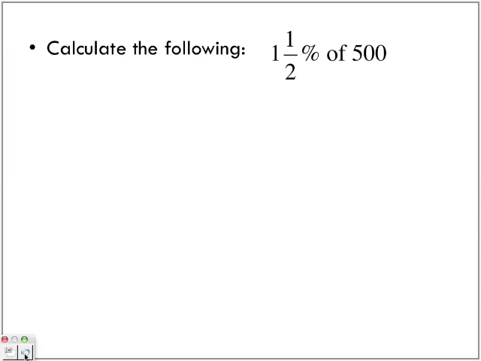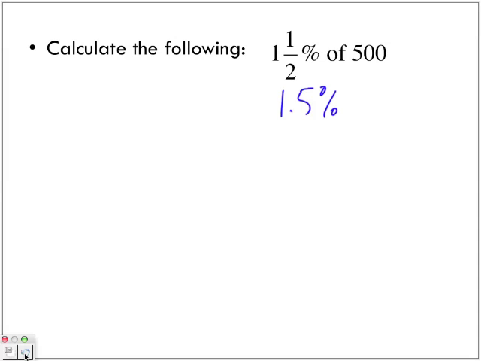Calculate the following: 1 1/2% of 500. You may answer it the simple way, because we said that if it's a percentage of a number, and we've been given the number, then how else can I write 1 1/2%? 1.5 what?